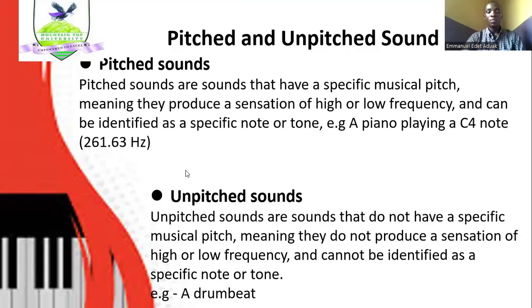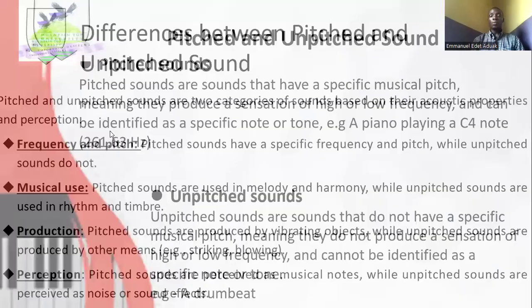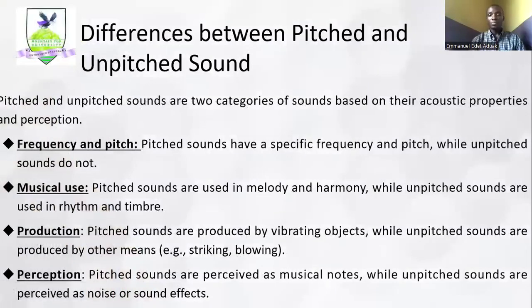What are the differences between pitched and unpitched sound? In terms of frequency and pitch, pitched sounds have a specific frequency while unpitched sounds do not. In terms of musical use, pitched sounds are used in melody and harmony, while unpitched sounds are used in rhythm and timbre.